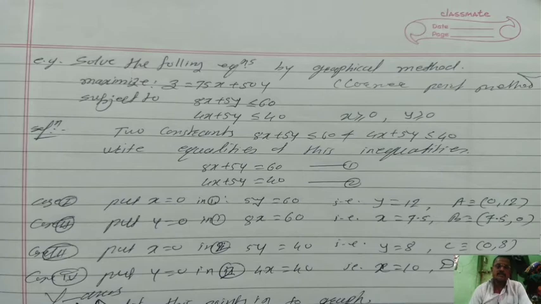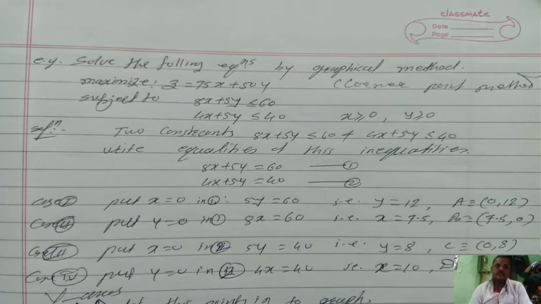That is the LPP. We have to solve this LPP. First, the two constraints, 8x plus 5y is less than or equal to 60 and 4x plus 5y is less than or equal to 40, are inequations.